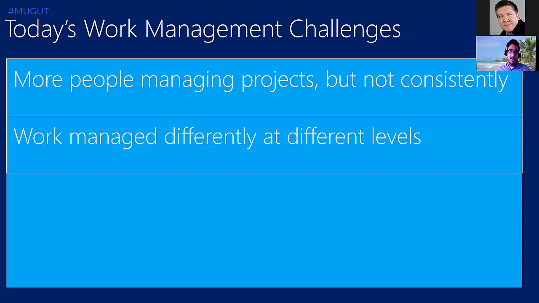And when it comes to an engineer who's trying to get his work done, that's where all these lists, Excels, OneNote, all these come into the picture. I've never seen an engineer liking to use Microsoft Project to manage their work, right? So by nature of how this work is managed differently at different levels, the tools have accommodated themselves.